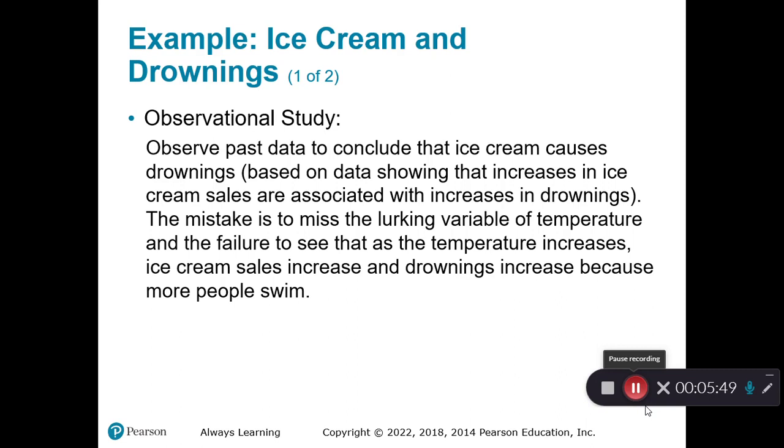They are both being influenced by that lurking variable of higher temperatures. And of course, the more people who swim, unfortunately, the number of drownings does increase as well. We're going to talk about this in more detail in future chapters, but just because there is a relationship between two variables does not give us the automatic conclusion that one causes the other.